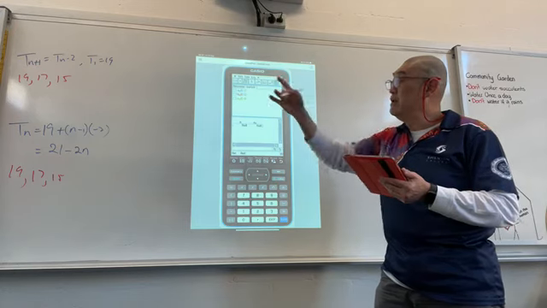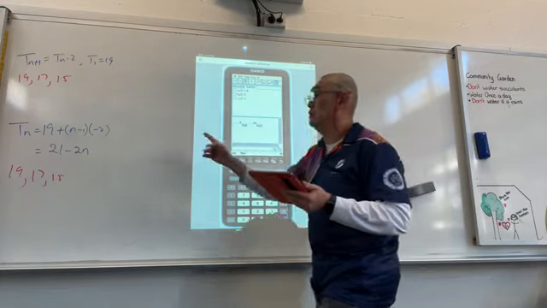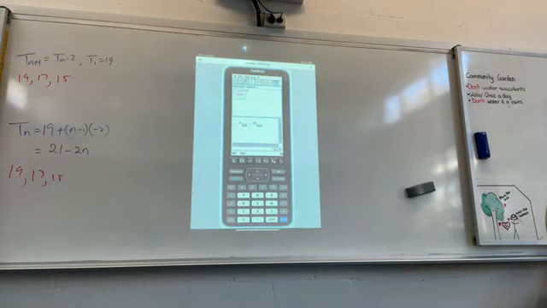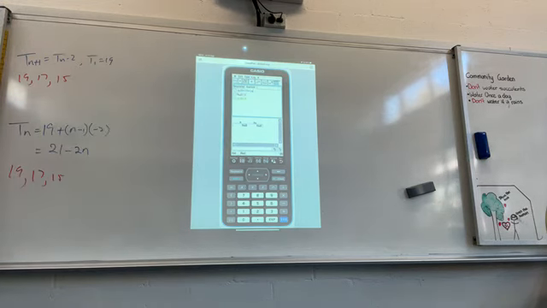you need to put in 19. When you input, you can either do the first one or the second one. It doesn't really matter. I will show you plus a bracket n. This is n here. N minus 1 times minus 2. Alright?